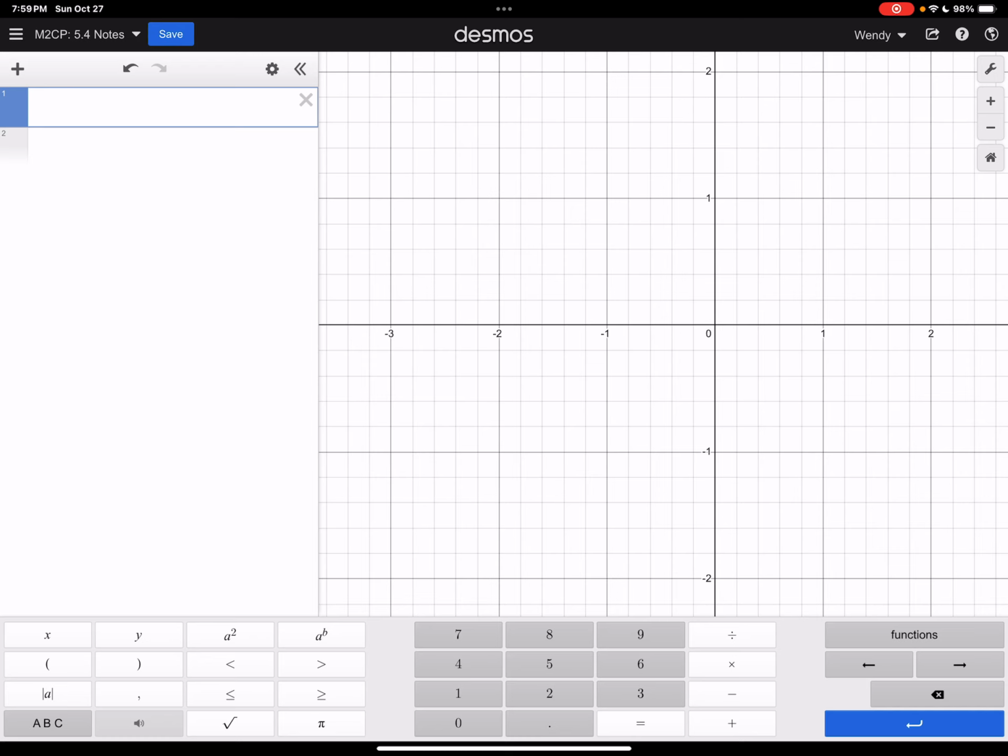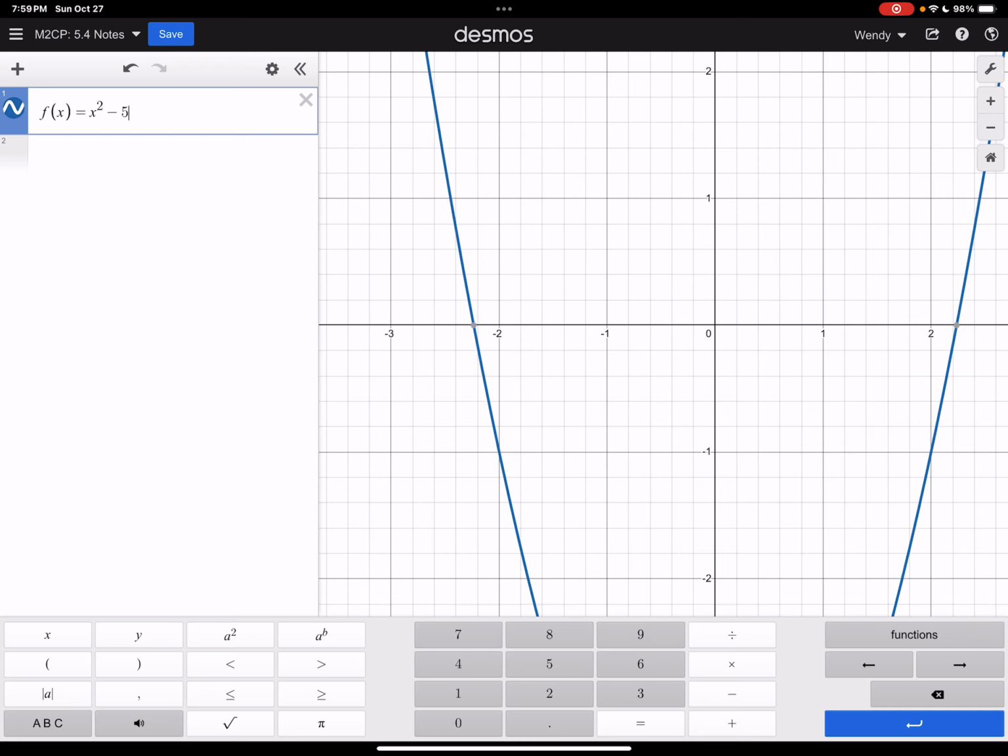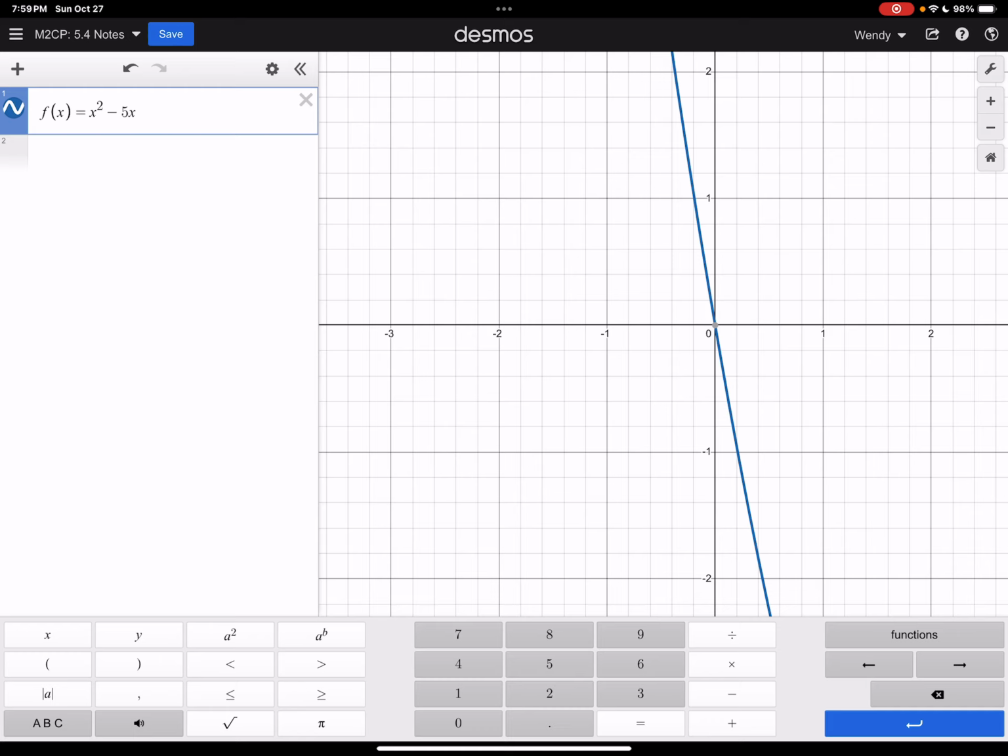Okay, there it goes. It needed to connect. Equals, and then we said x squared, and you can just do the a squared button there. And then it says minus 5x, and then plus 4.